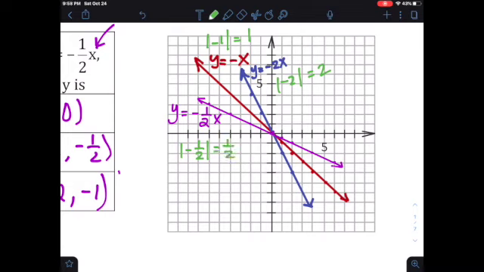So therefore, 2 is the biggest number, so it is the steepest.